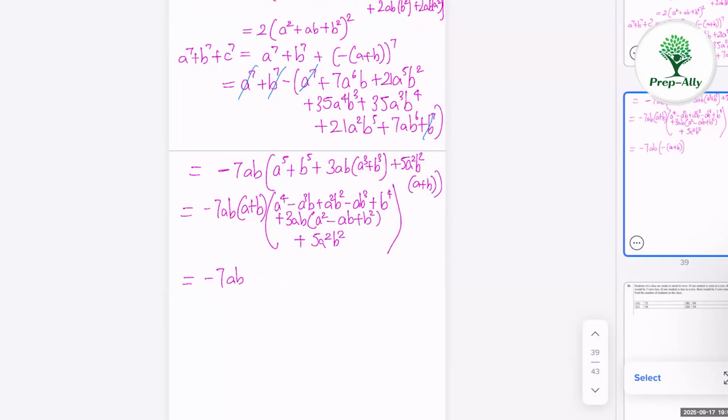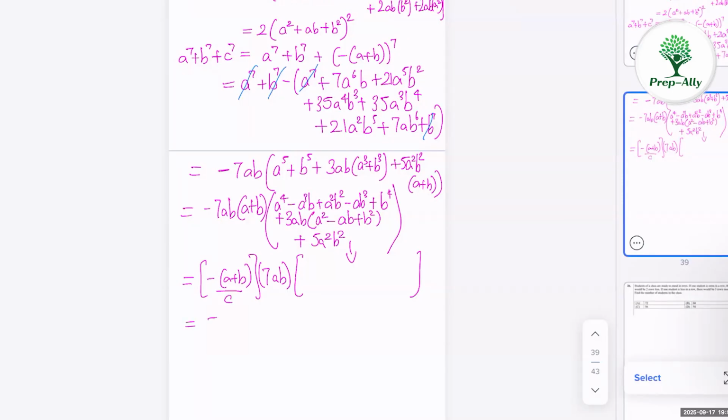So we are sending this minus inside, right? Because we have minus 7ab and a plus b, so we can rewrite this as minus a plus b, right? Into 7ab into this whole expression. And this minus of a plus b, as we saw before, because a plus b plus c is 0, is just c.